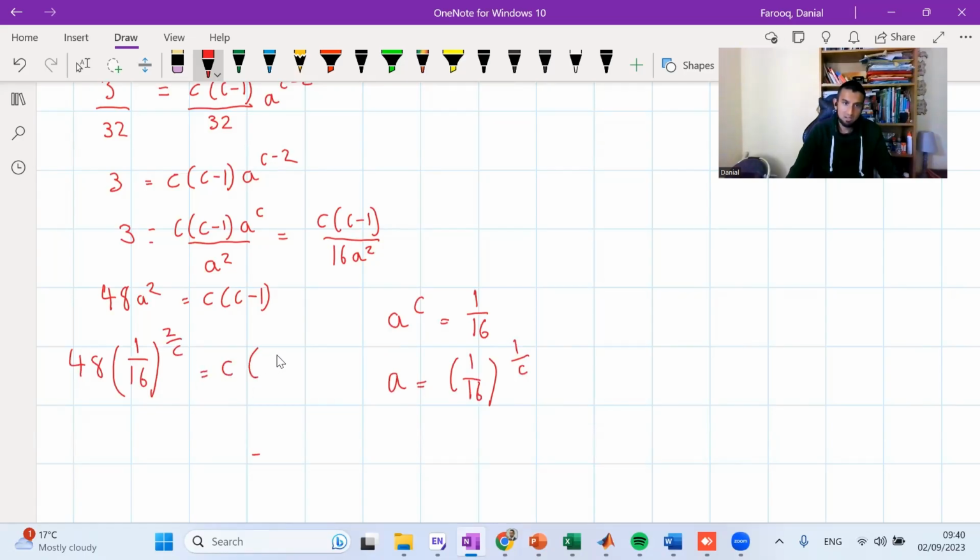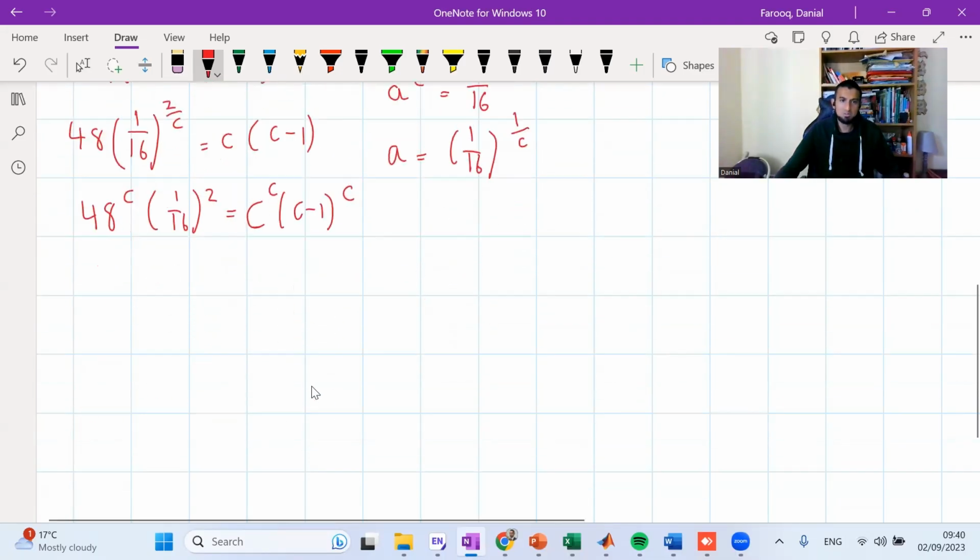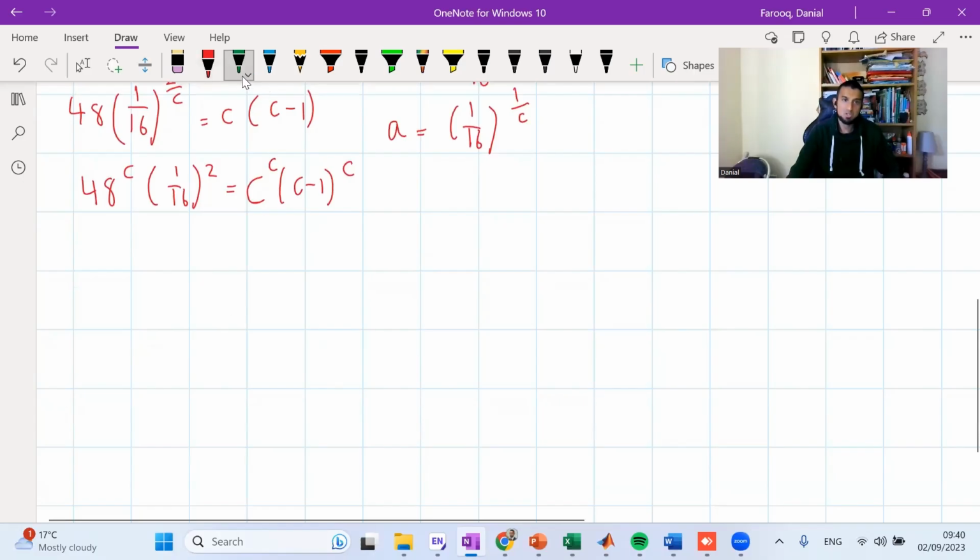And that would be c minus 1. Now, next, what we should do is put both sides to the power of c. So this would become 48^c (1/16)^2 equal to (c minus 1)^c. Essentially, we could have probably done this a step before.